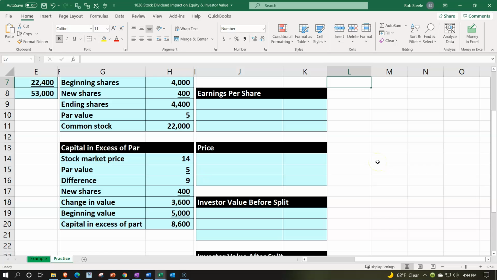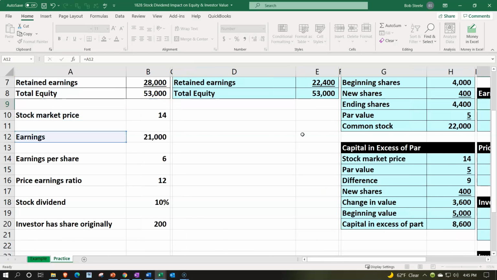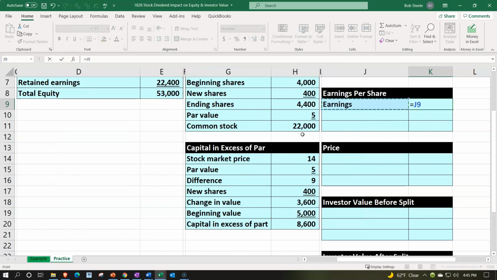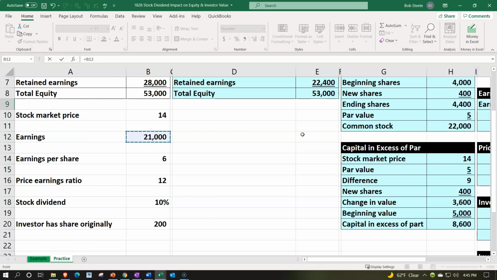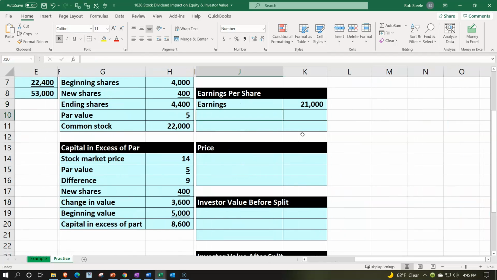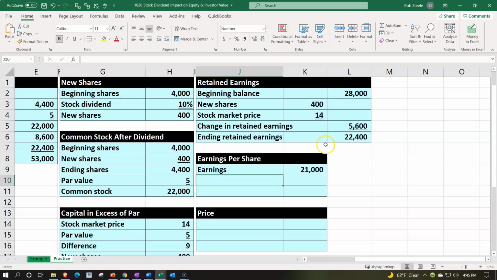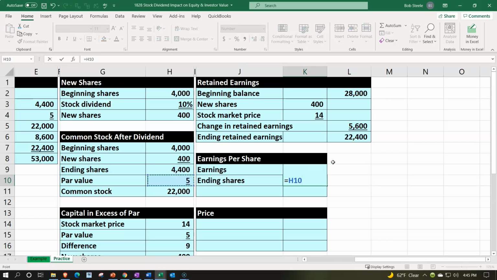Okay, so now let's think about the earnings per share. If we had the earnings, picking up the earnings of the 21,000, and now we have the ending shares. Call it ending shares. I'll pick this up from the shares here, which are at the 4,400.